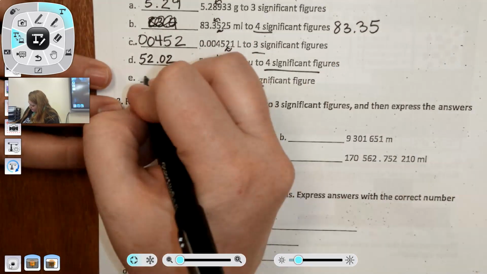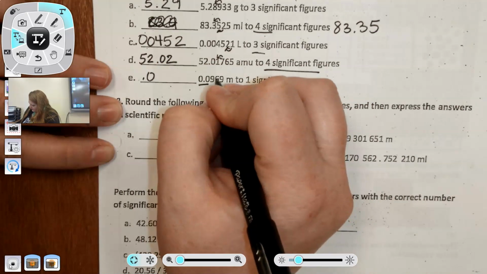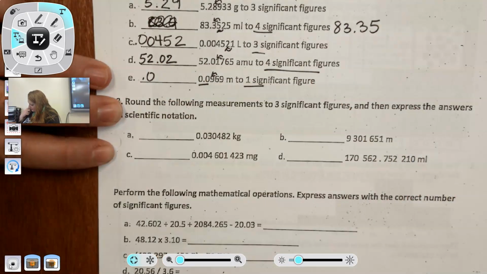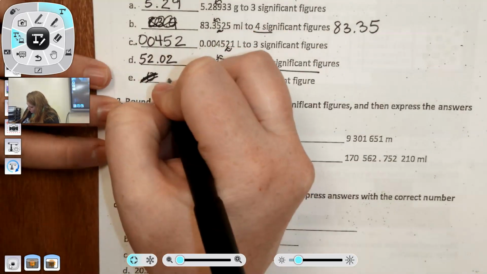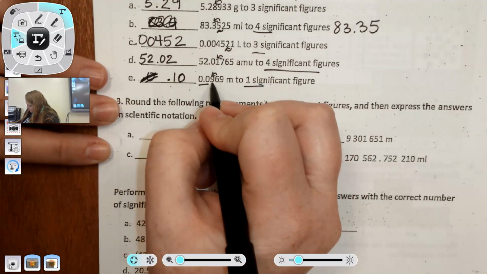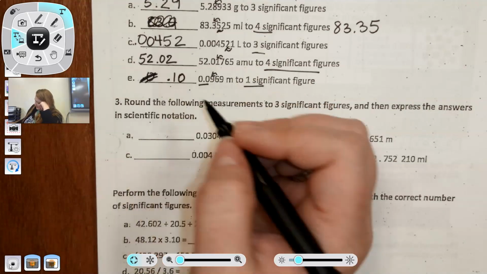1 significant figure. So those are not significant. That 6 will make that become a 10. So actually my number changes to 0.10 instead of 0.09. We're going to have 0.10.